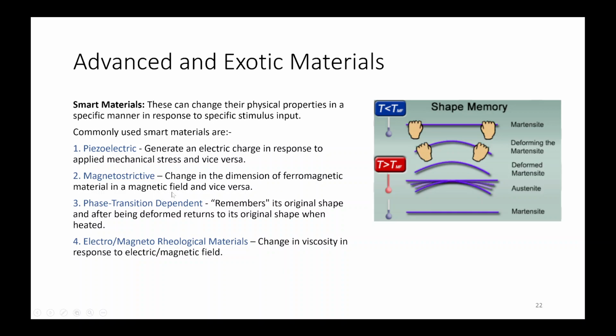So there can be a magnetic field and there will be some strain generated inside the material. Phase transition dependent, so these are the shape memory alloys. In this case, they remember their original shape and after being deformed, they return to their original shape when they are heated. Electromagnetorheological materials, these change their viscosity in response to an electric or magnetic field.